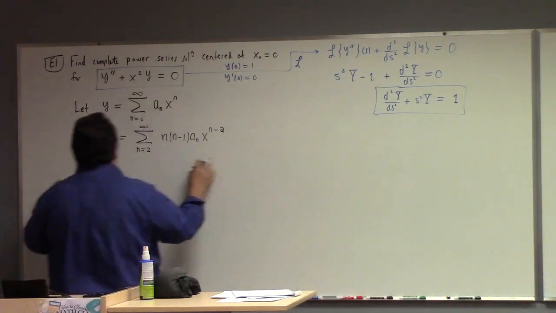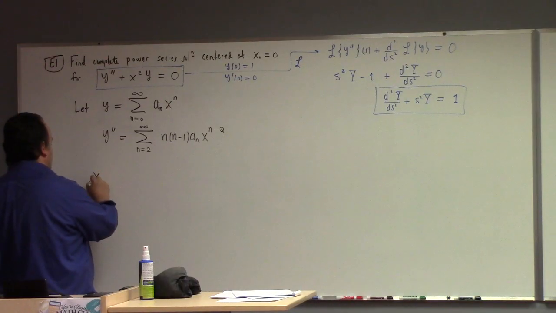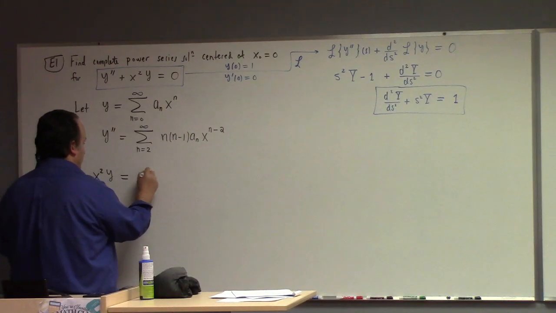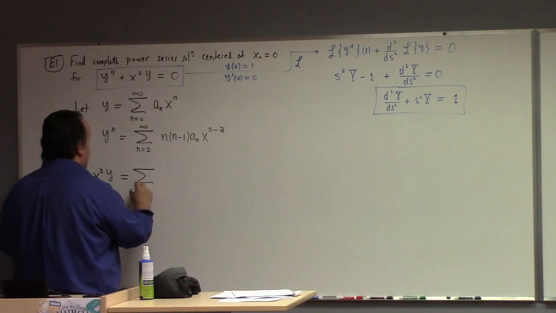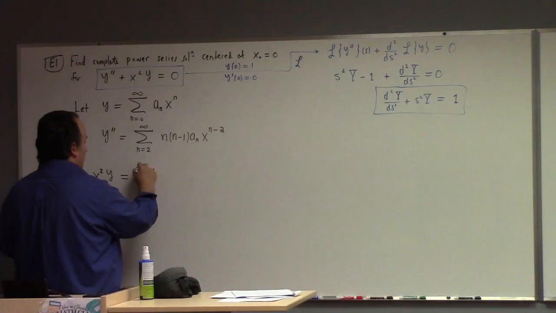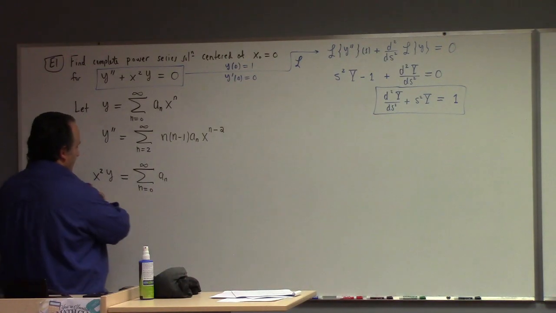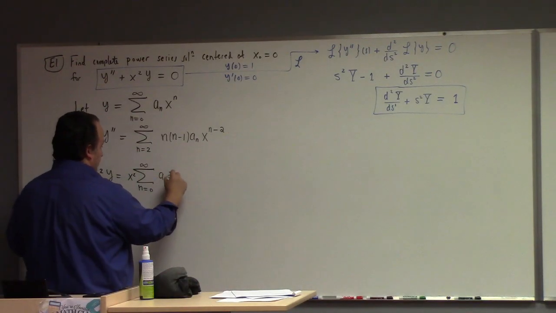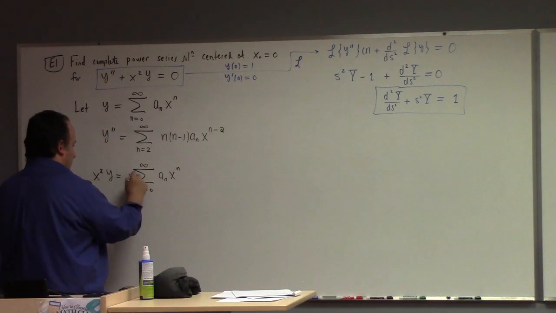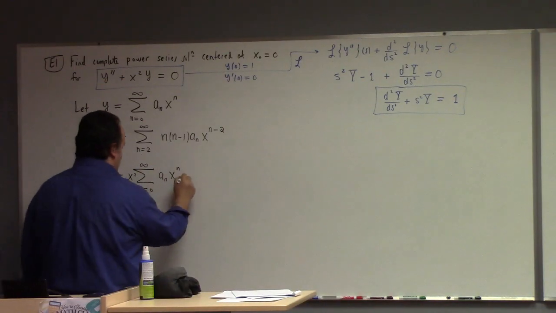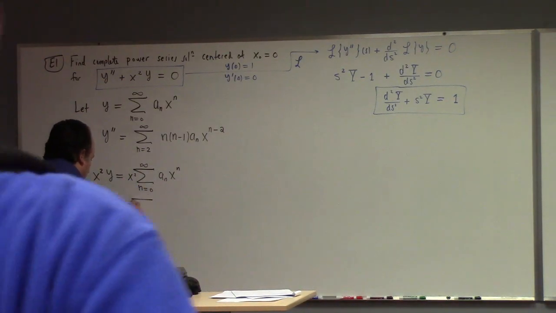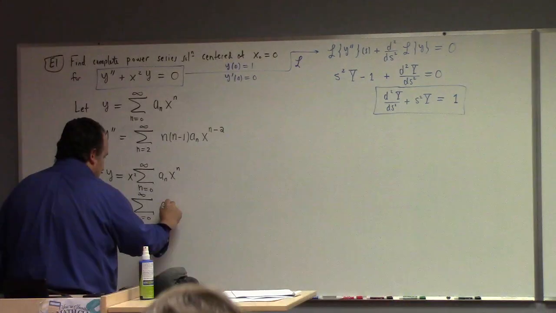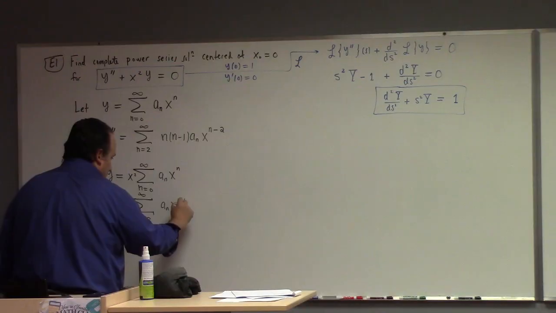So we've got this. On the other hand, what does x squared times y look like? What happens when we multiply x squared into here? We get x to the n plus 2, right?